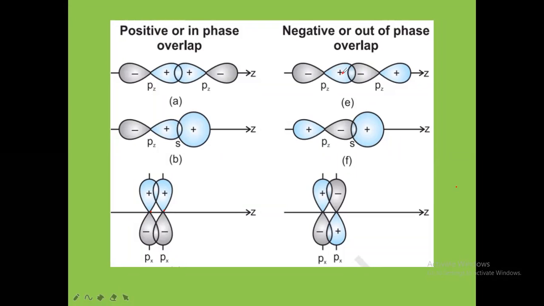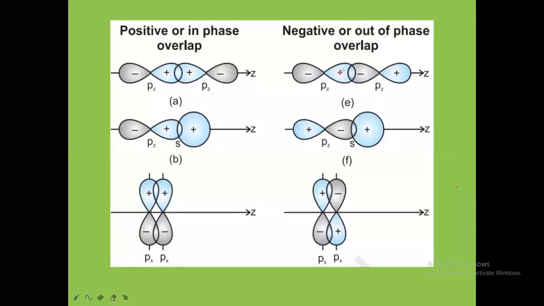Now the crest of the electron wave of one p orbital is falling on the trough of the electron wave of another p orbital. So this type of overlapping is taken as negative overlap, and the electron waves are said to be out of phase. Keep that point in mind.